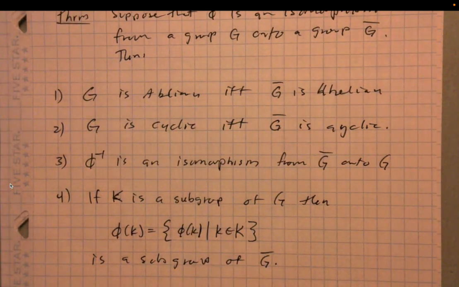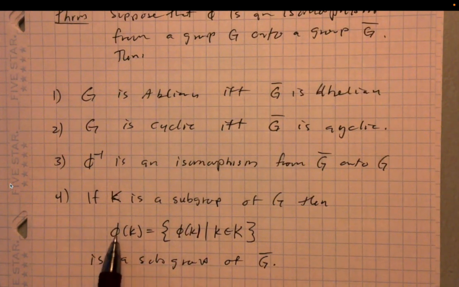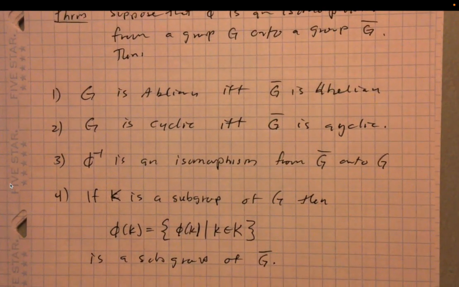And that should be obvious as well. K being a subgroup of G means it's closed. When you operate on elements in K, they stay within K. Well, it's going to be the same thing over here. If you take everything in K and you map it over into G bar, then you get a new subgroup in G bar.